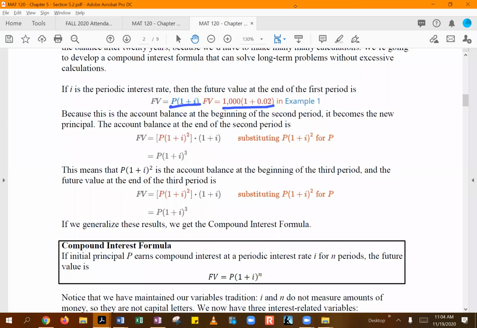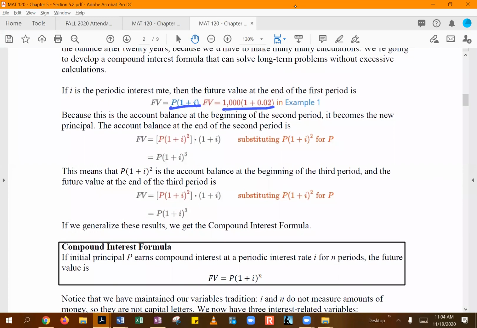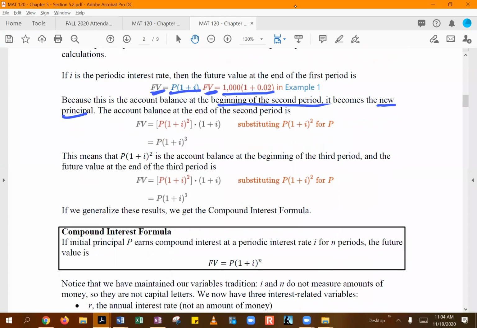Now, when you got from the first quarter into the second quarter, what you did was you kept, so they're talking about this is the account balance that was at the beginning of the second period. So this future value over here would be at the beginning. Now, this will end up becoming your new principal when you get into the next time period, the next quarter.